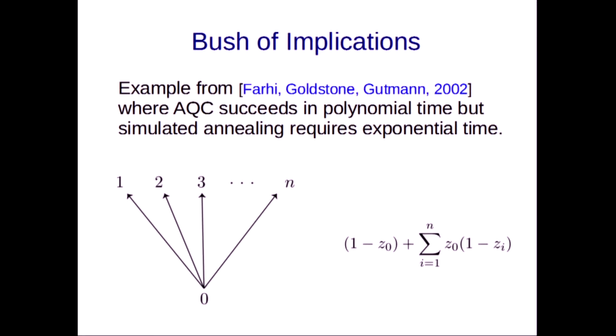So if this bit 0 is a 1, and the bit corresponding on the leaf is a 0, then you get an energy penalty of 1. But on the other hand, you also have a bias on this root bit, which tells you that it's lower energy to be 1 than to be 0.